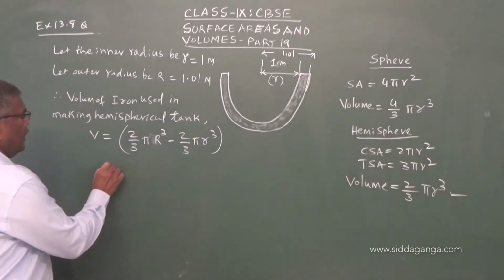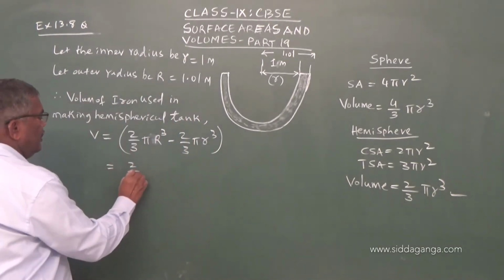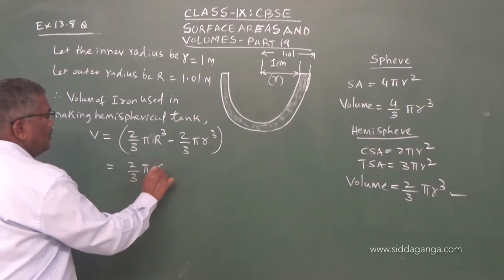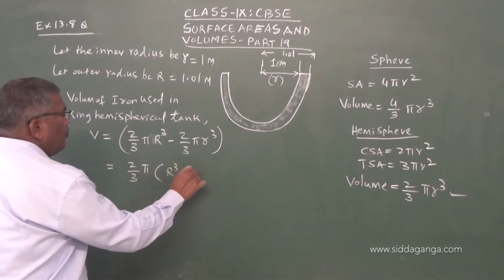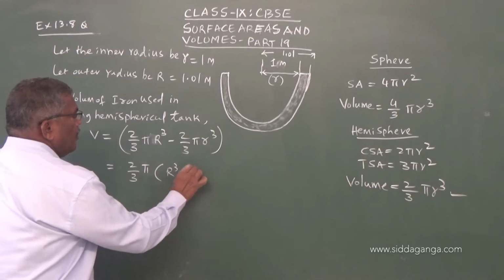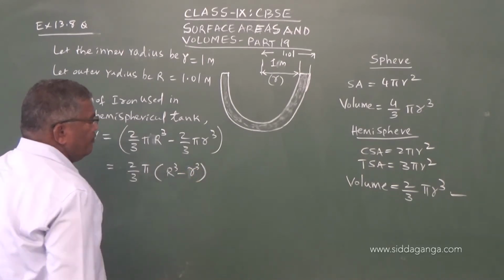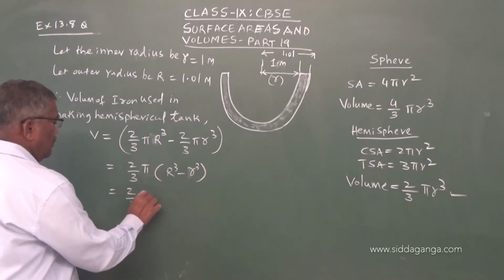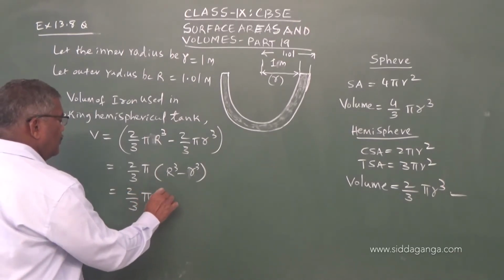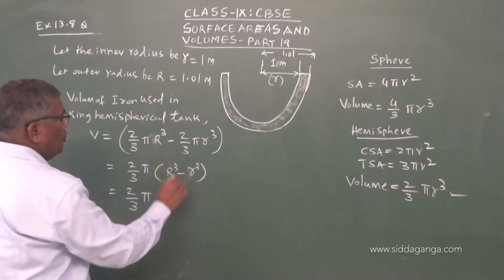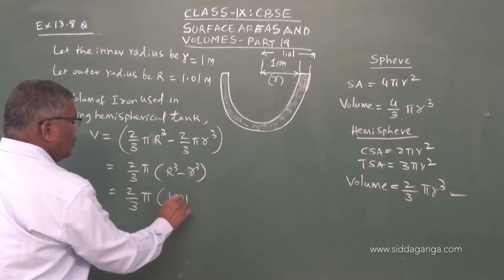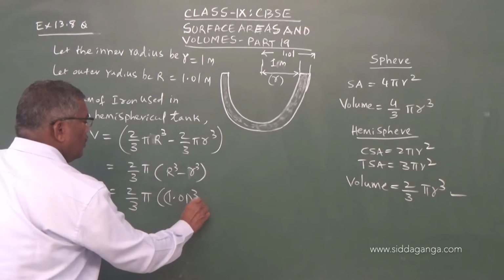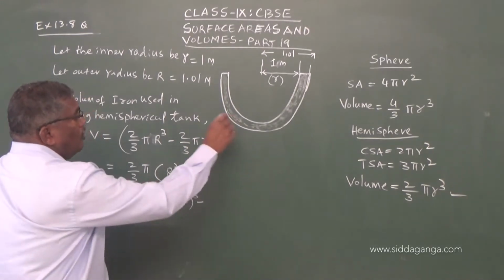Now take 2 by 3 pi outside, we get capital R cube minus small r cube. So this equals 2 by 3 pi into 1.01 whole cube minus 1 cube.